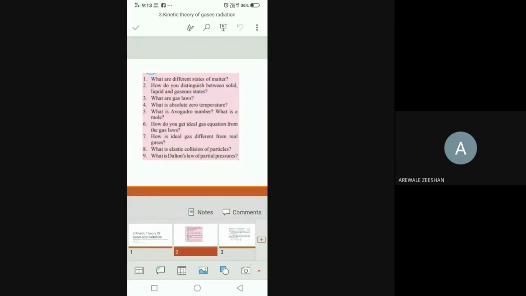this chapter. First question is, what are the different states of matter? The answer is known to you: solid, liquid, and gases. These are the three states of matter. In case of solid, the molecules of the substance are very closely bound. Why? Because of the intermolecular force between the molecules.